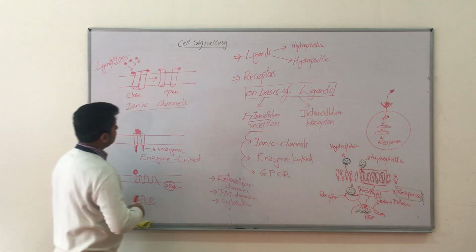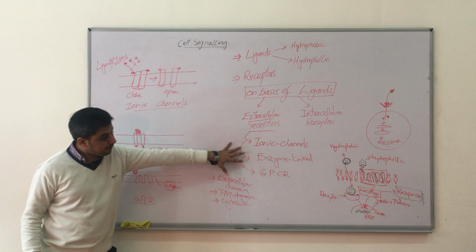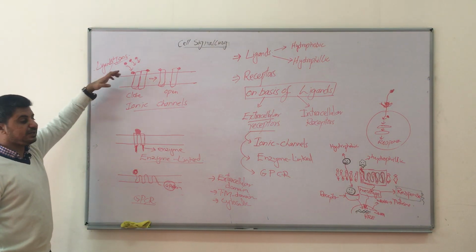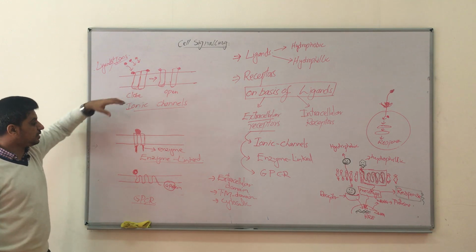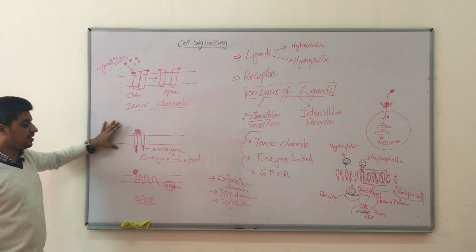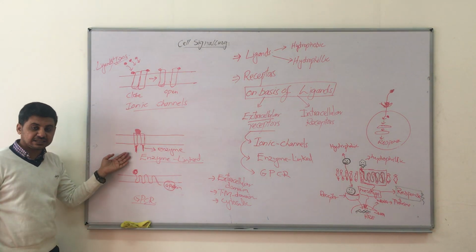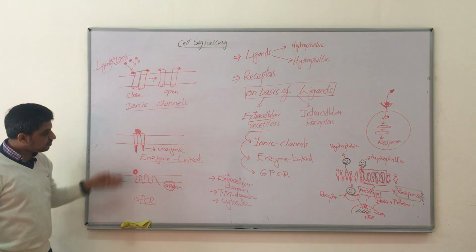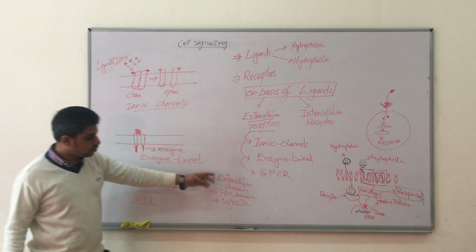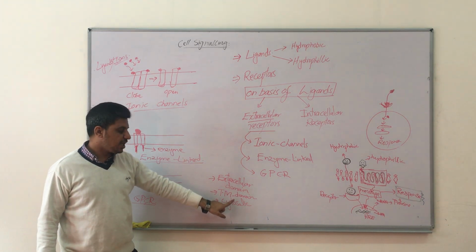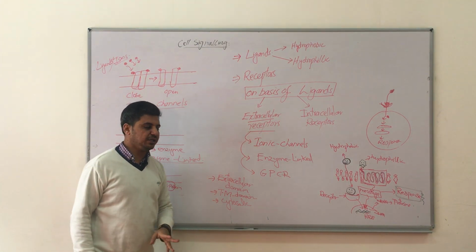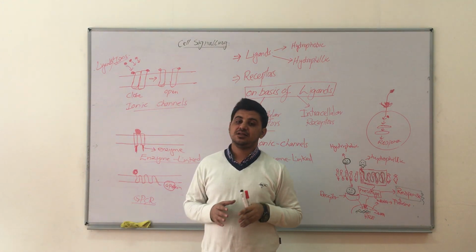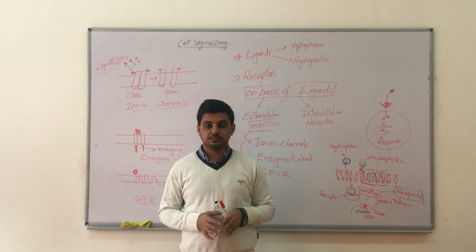About these 3 receptors you must know: ionic channels for the opening and closing of channels for transport, enzyme-linked receptors having enzymatic activity, and GPCR. And in these 3 receptors, the 3 domains: extracellular domain, transmembrane domain, and cytosolic domain. So this is the basics of cell signaling.